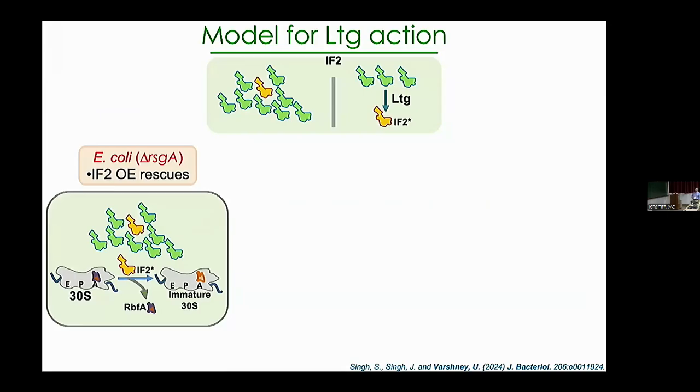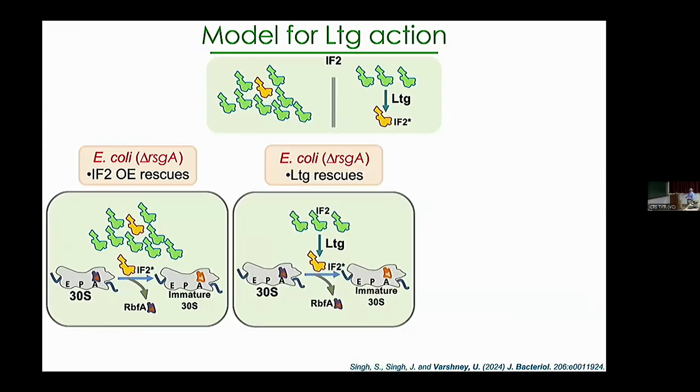So if you now look at the delta RSGA strain and overproduce IF2, which is how the authentic suppressor was found, perhaps an altered conformer of IF2 does the job of removing RBFA from the 30S ribosome and maturation of the ribosome.